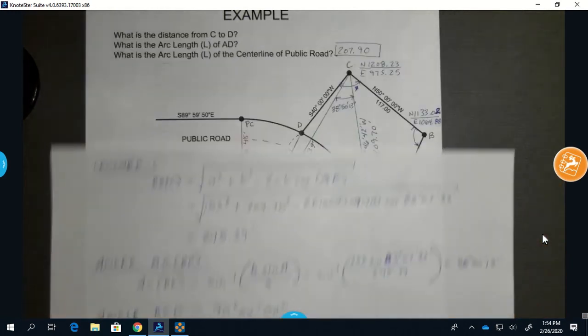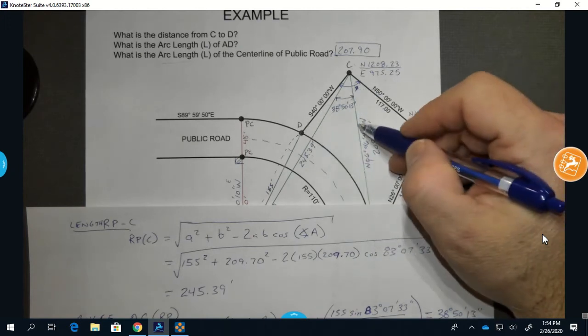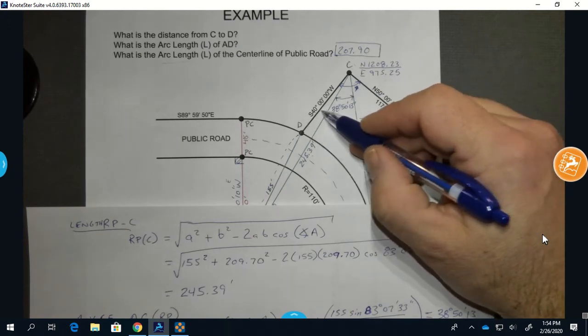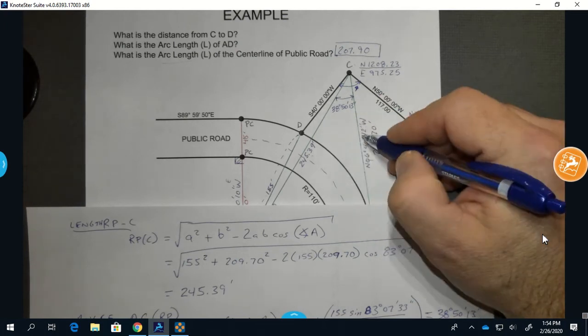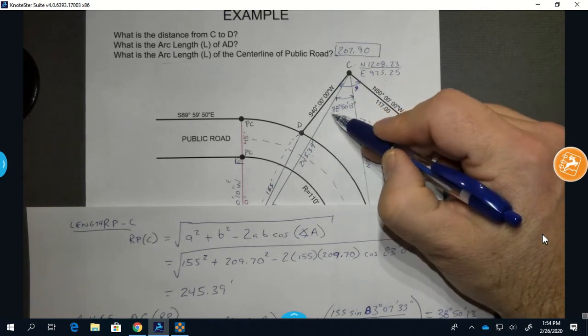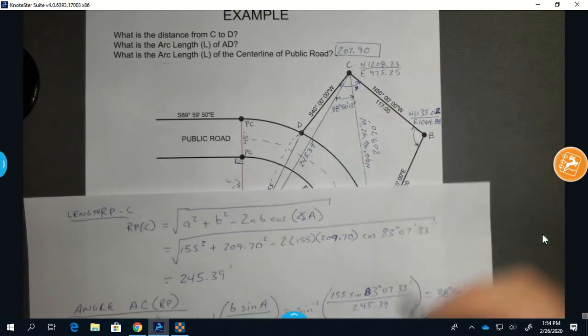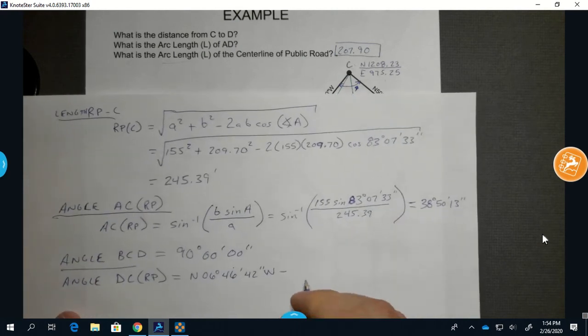and I subtract this bearing, okay, so it's going to give us this whole angle here. I'm trying to find this angle, so I'm going to take this bearing minus this bearing, and it should give us the full angle. So minus south 40 degrees west.